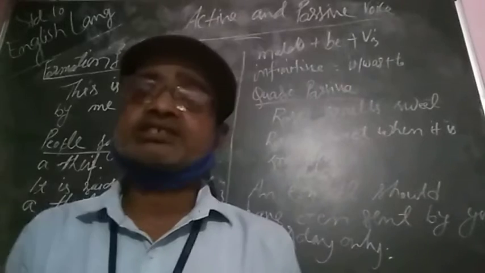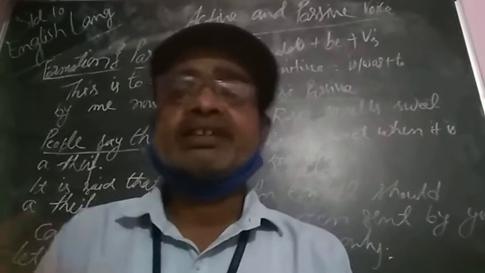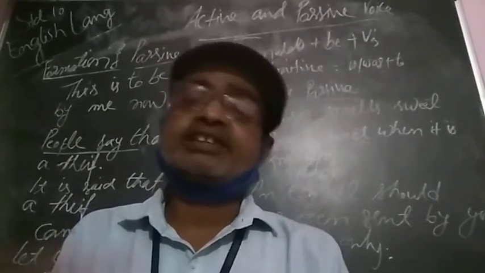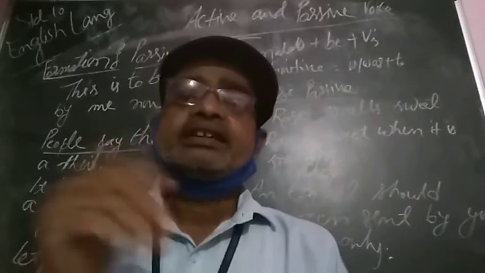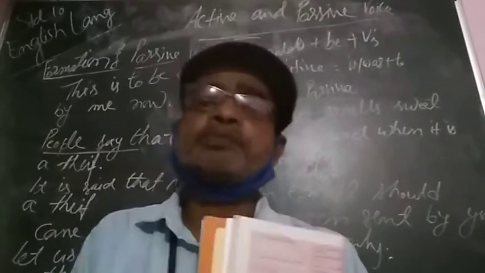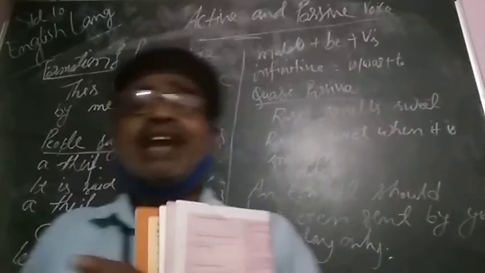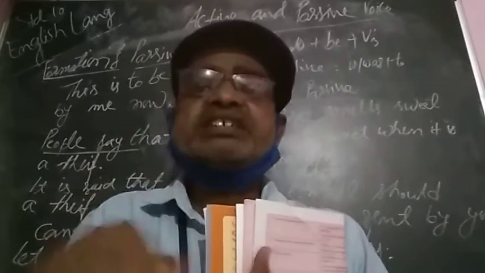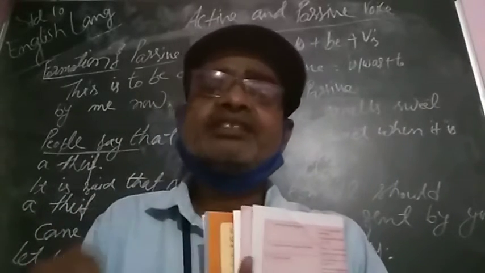In simple past tense, was, were plus V3. And when there is a future simple, it means will or shall, that is modal verb. So not only after will or shall, but any other modal verb, please add be after modal verb, then V3.